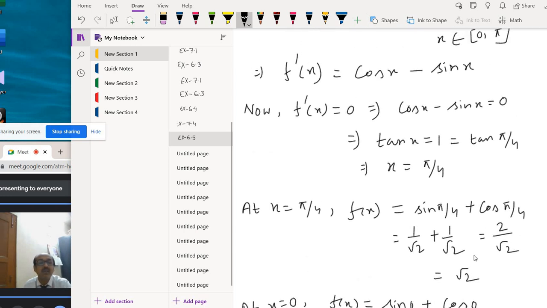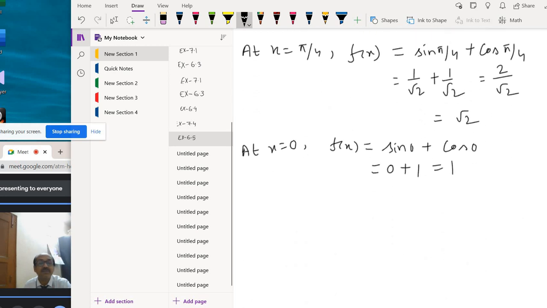Then at x equal to pi, f(x) equal to sin pi plus cos pi.